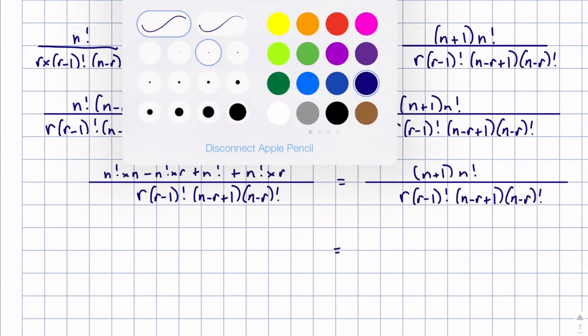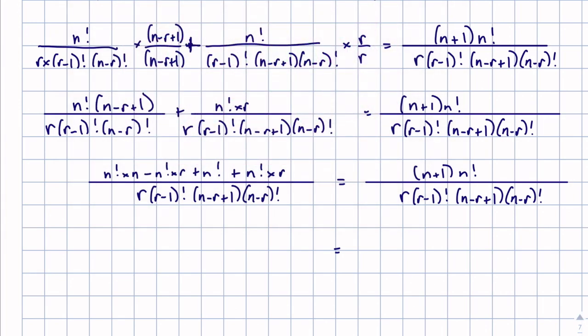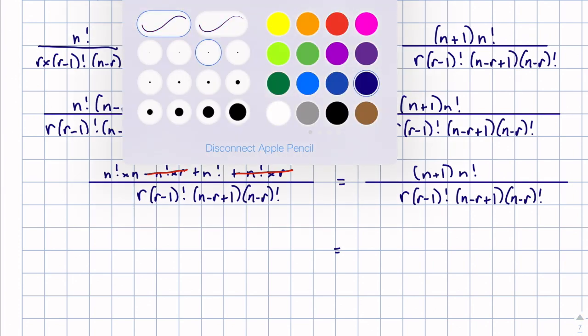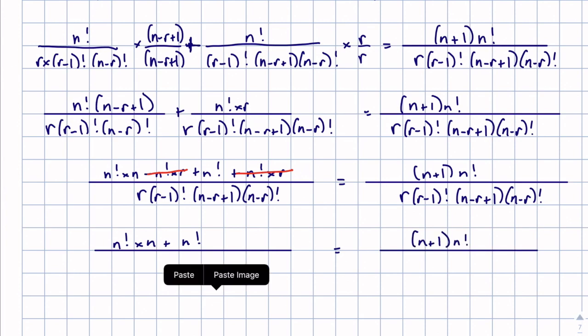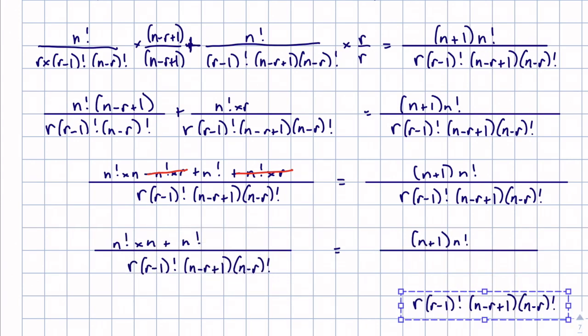Okay, so stuff's going to start cancelling out. Minus n factorial times r plus n factorial times r. I've got here n factorial times n plus n factorial over the standard thing on the bottom. N plus 1 n factorial. Standard thing on the bottom of both. You can see what's going to happen.